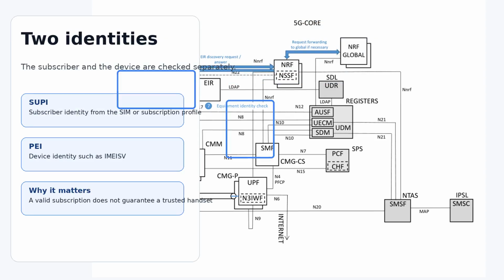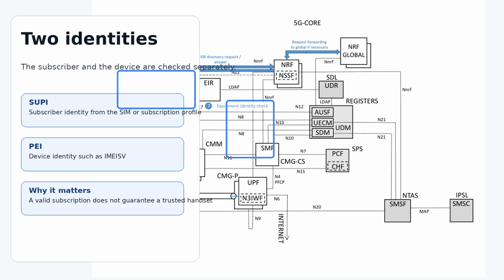Let's separate the two identities that appear in this example. First, the subscriber. In 5G, the SUPI identifies the user or subscription. In the request shown on the page, it appears as an IMSI style value. That tells the network which subscriber profile is involved. Second, the device itself.